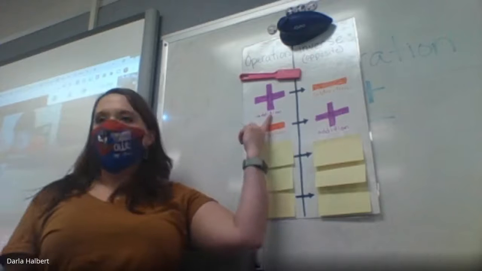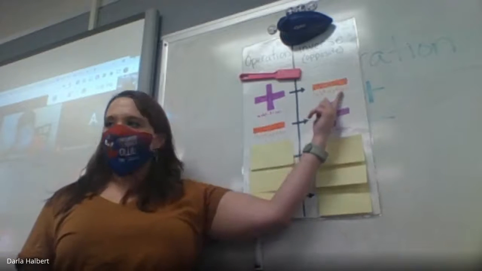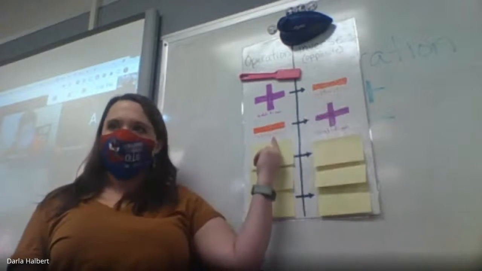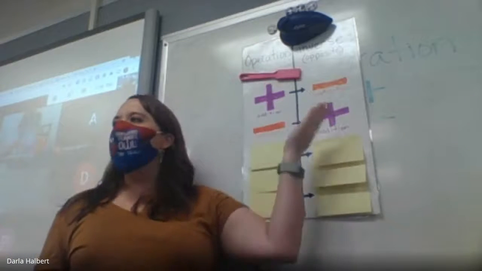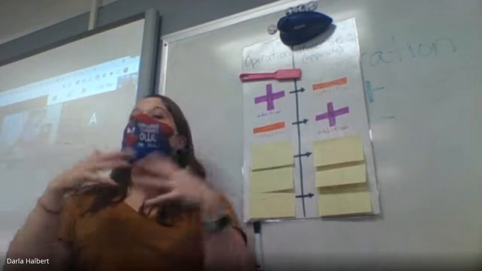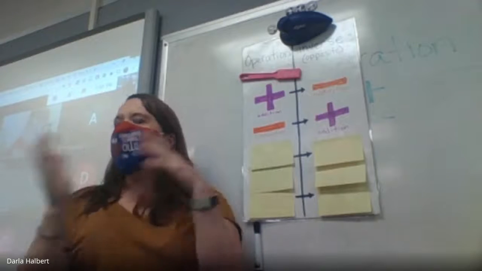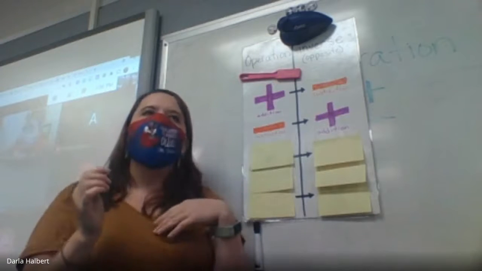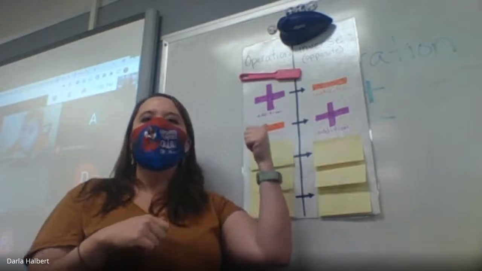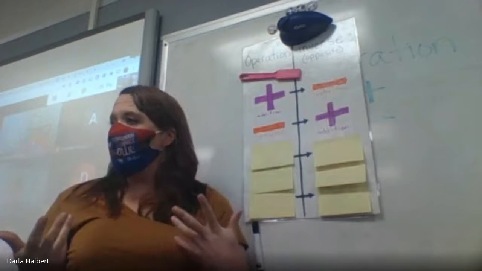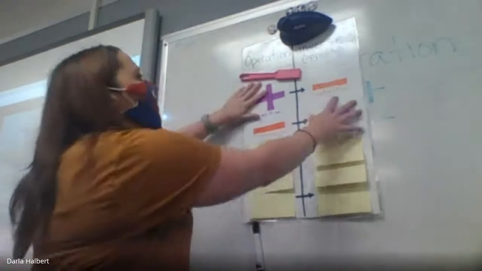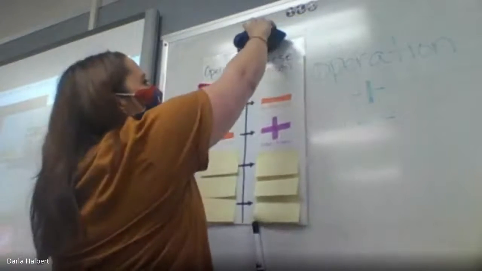The opposite of addition is subtraction, and the opposite of subtraction is addition. These two operations can help check each other, because they're opposites. So we can use one and then use another to check our answer and see if we got it right. Now this is because they are related facts.